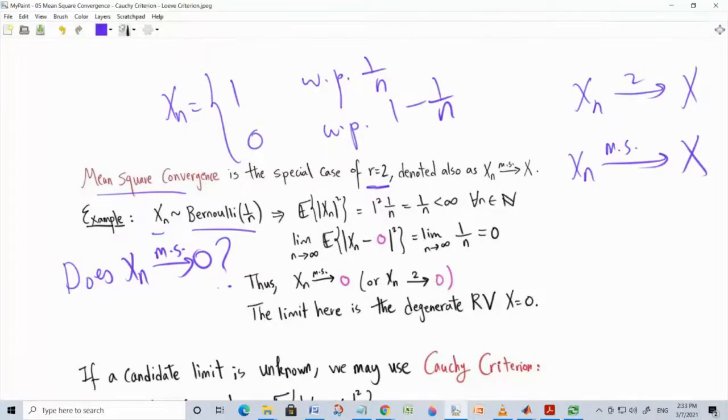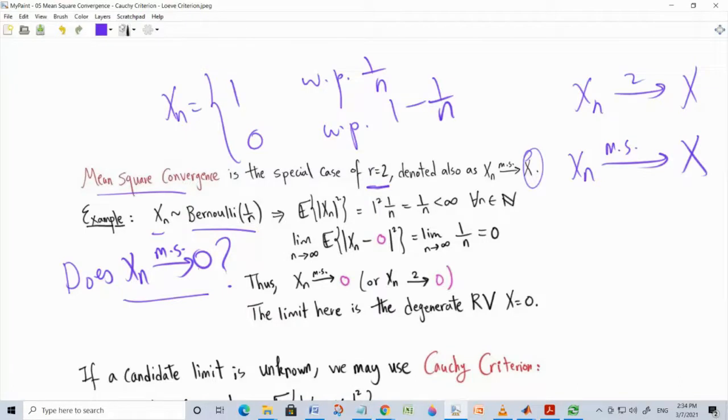A comment here is that the limit X may be a degenerate random variable, so it may be a constant. Our framework allows a random variable that takes a specific value with probability 1. Not a problem, so this question is valid.